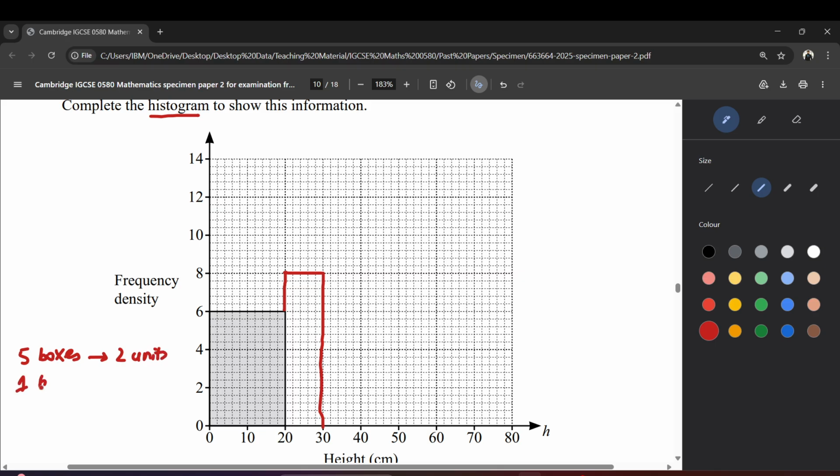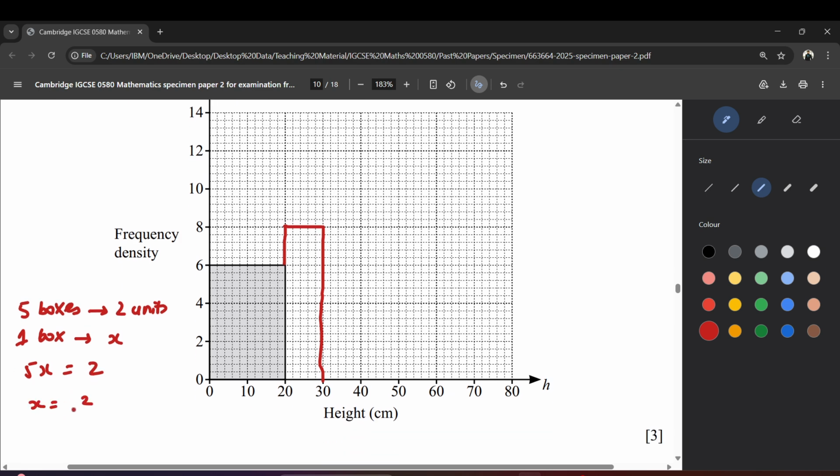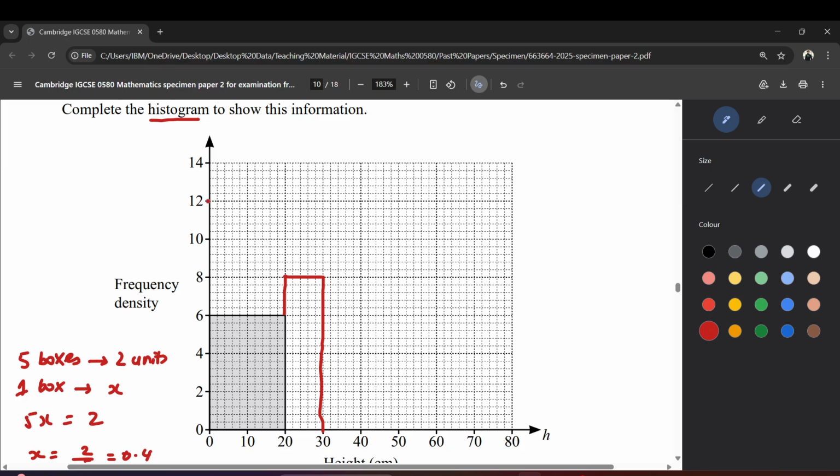So one box will be x, 5x is equal to 2. So x is equal to 2 upon 5, which is 0.4. Therefore each one of these boxes is 0.4. So let's say this is 12. So 12.4 is going to be this one, and we have to draw until 40.